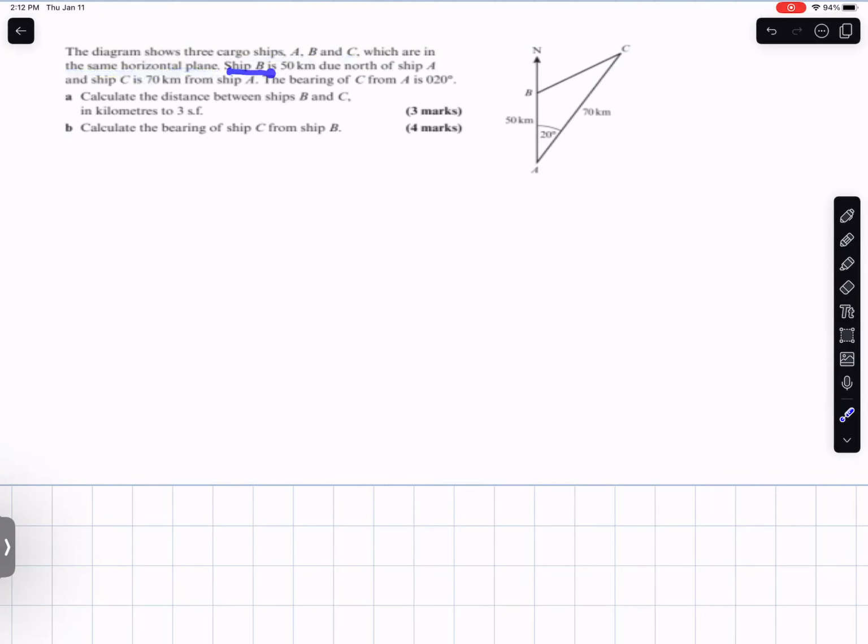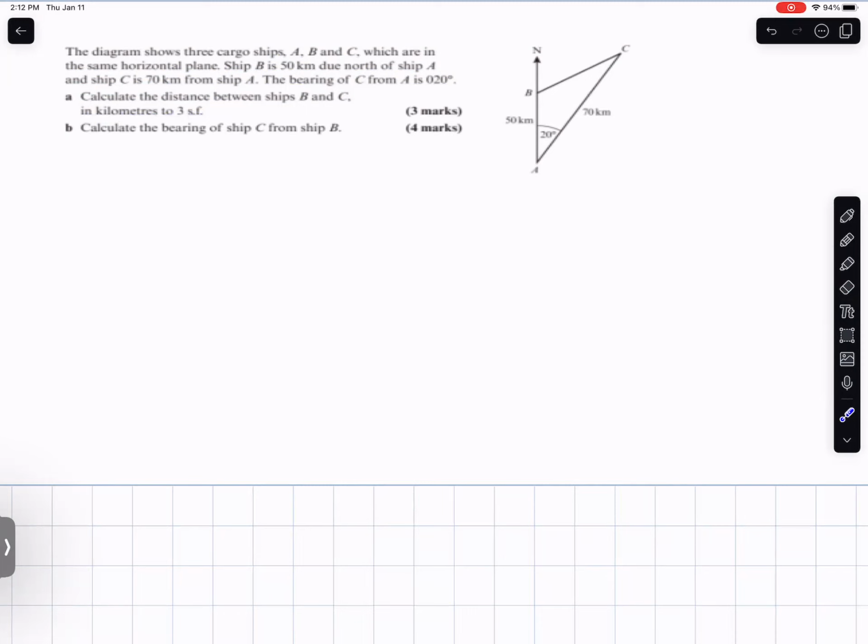Ship B is 50 kilometers due north of ship A, and ship C is 70 kilometers from ship A. The bearing of C from A is 20 degrees. Part A says calculate the distance between ships B and C in kilometers to 3 significant figures.